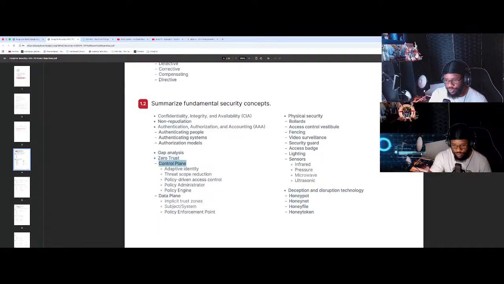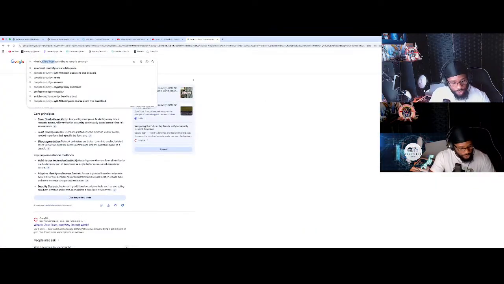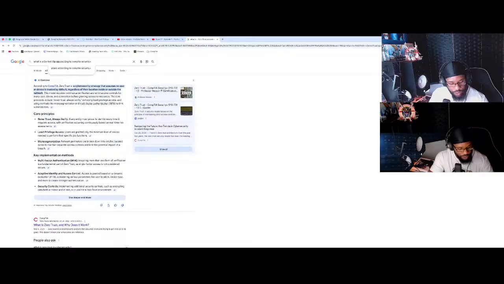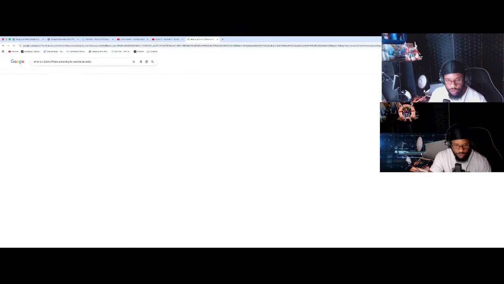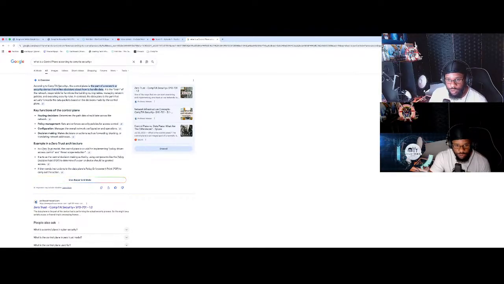Control plane. Let's talk about the concept of a control plane. What is a control plane according to CompTIA Security Plus? According to CompTIA Security Plus, the control plane is the part of a network or security device that makes decisions about how to handle data.